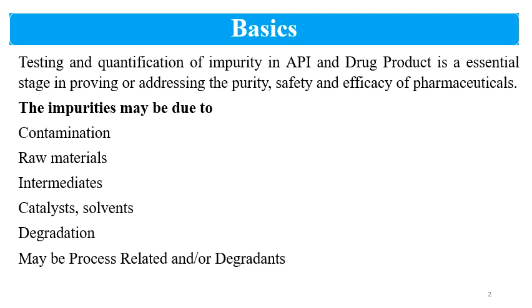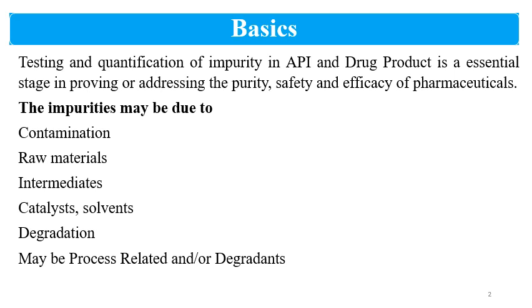The testing and quantification of the impurity in the drug substance and drug product is very essential, as impurity levels provide information about the quality of the product, purity of the product, and safety and efficacy of the pharmaceutical products.